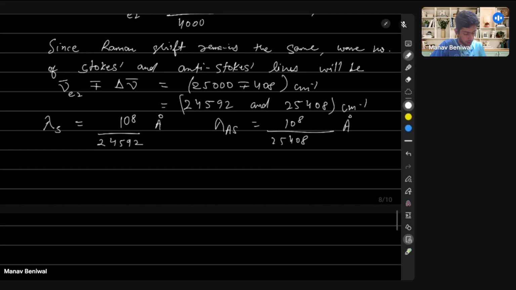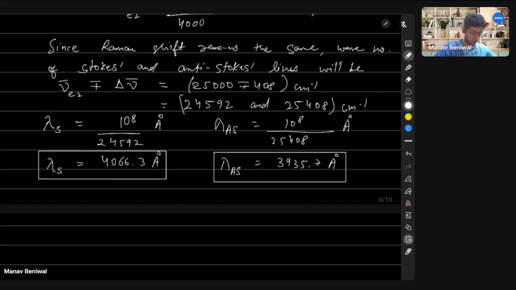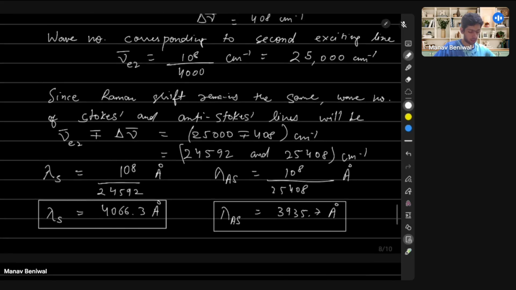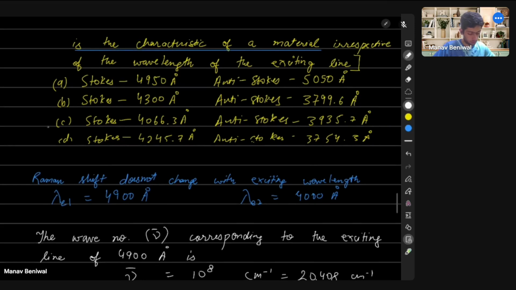So lambda S comes out to be 4066.3 angstroms, and lambda anti-Stokes comes out to be 3935.7 angstroms. So 4066 and 3935. So option C.